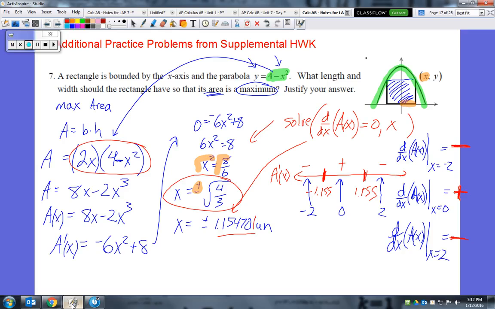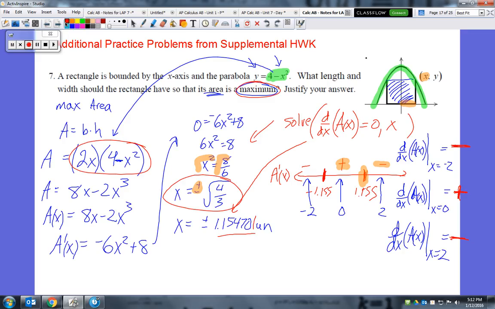Now, what I want to do is the maximum area will occur right here. Let's go ahead and write it out so you can see again the time that it's taking to do this.